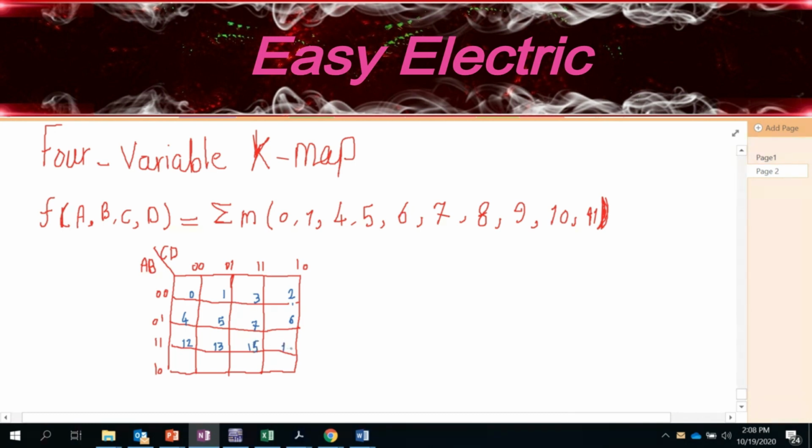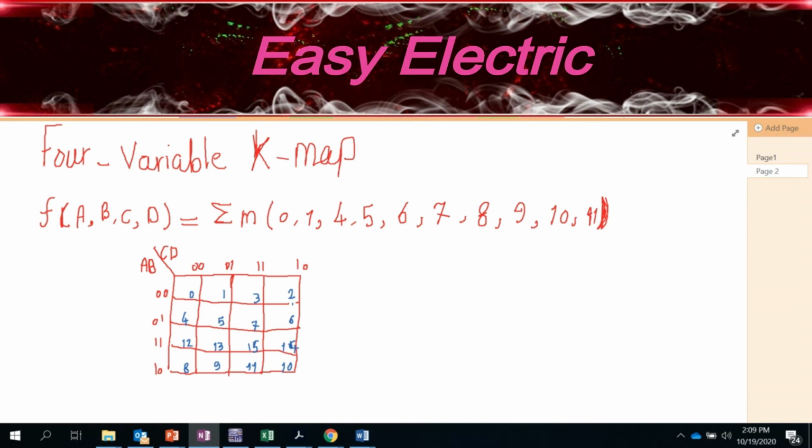How about this? Should be 14. How about the next line? This is 8. This is 9. This is 11. And this is 10. For the same reason that I mentioned in the beginning. So far, nothing is actually different. The only thing different is that we have the K-map with 16 squares inside a map, right?